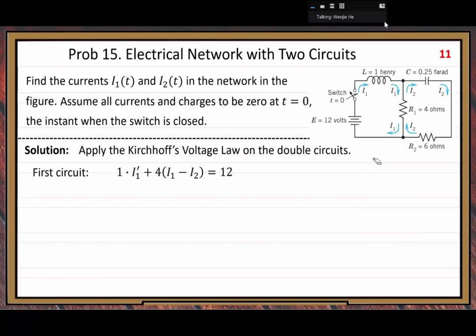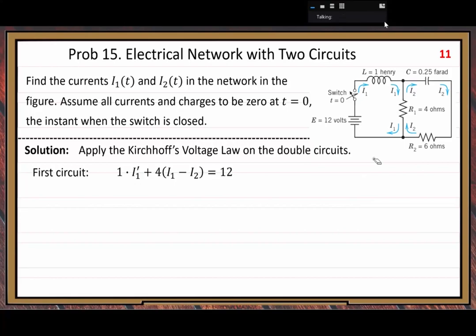We have L times I1 prime, where L equals 1, plus R1, 4 ohms, times I1 minus I2. Look at the direction. When you look at plus and minus, you need to follow the direction of the current.